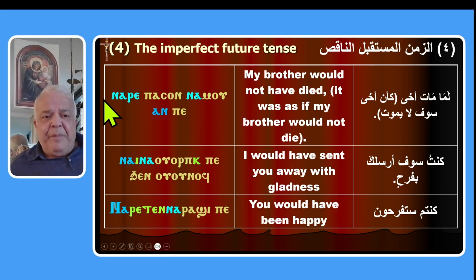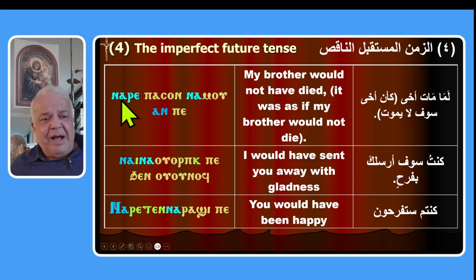So if my brother would die, not, and here is not, pay, for sure, if you were here. So nare pason, my brother would namo die, an is not, pay for sure if you were here. You see my point? You see how it is?